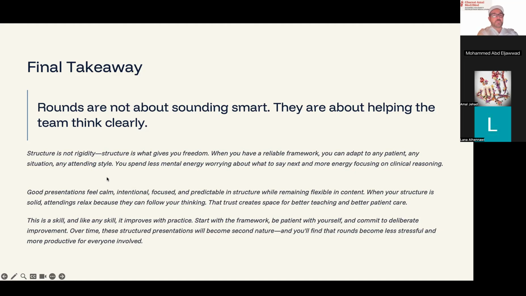Then I start to speak, and then I shift to the next technique: once you start to talk, it gets easier to talk more. Your heart starts to settle down a little bit. Then you say, okay, now that I'm less nervous, let me get organized. Try as best as you can to make decisions before rounds.